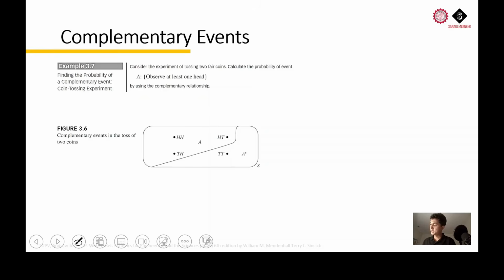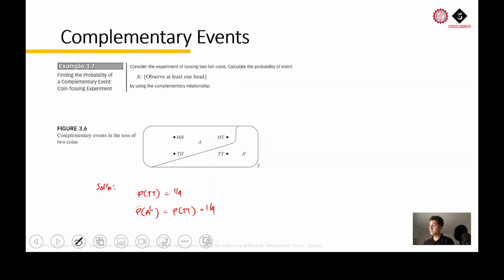So first, the probability of tail, tail is equal to 1/4. Let's write it another way: the probability of A complement is equal to the probability of TT, which is 1/4.